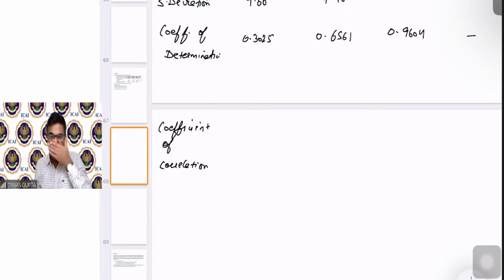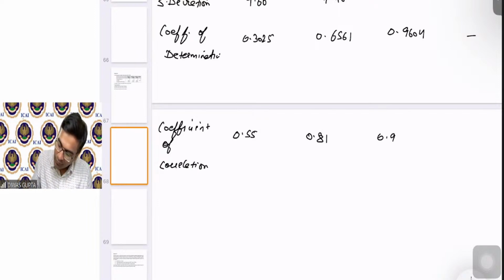It comes as 0.55. 0.6561 square root comes as 0.81. 0.9604 square root comes as 0.98. So coefficient of correlation is here.